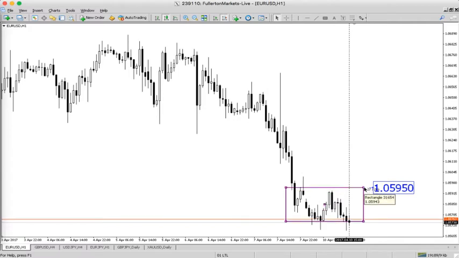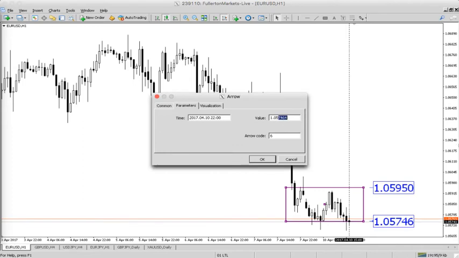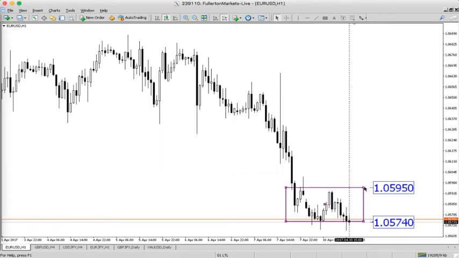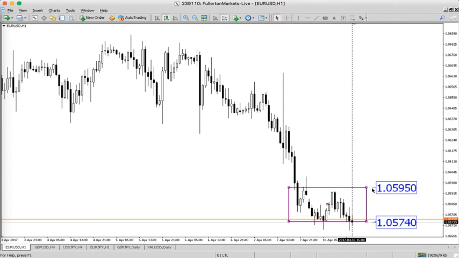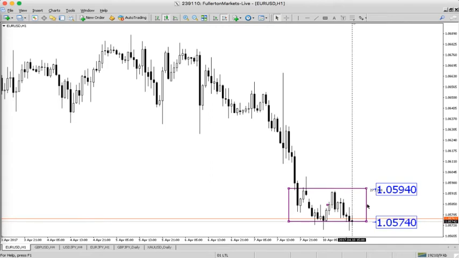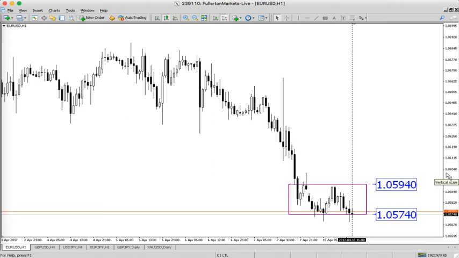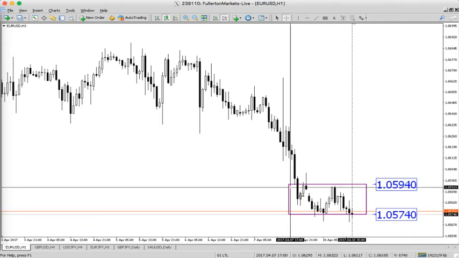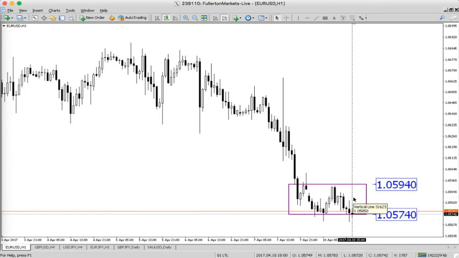Plus minus 1 or 2 pips shouldn't make much of a difference. 1.0594 and 1.0574. This is a very tight 20 pips range in the last 18 hours of trading.